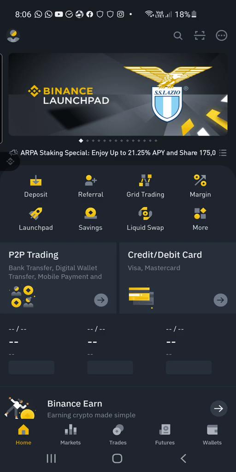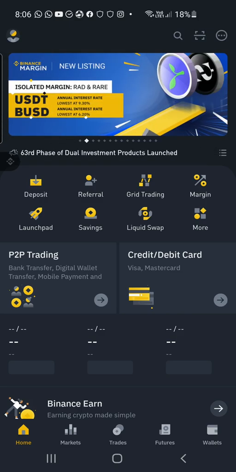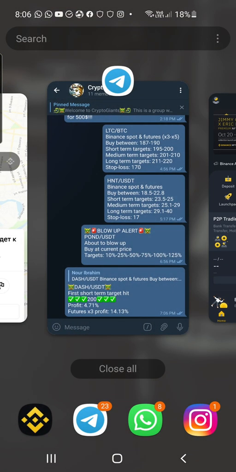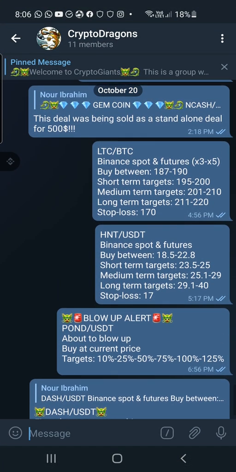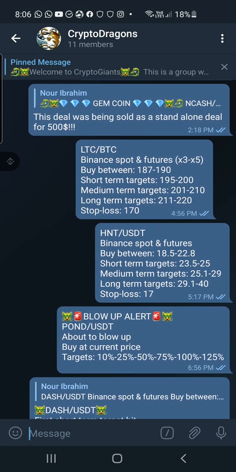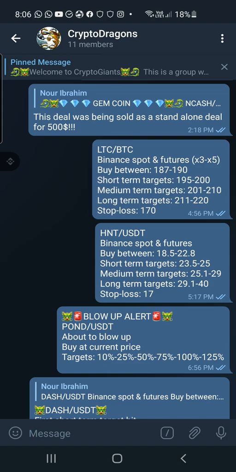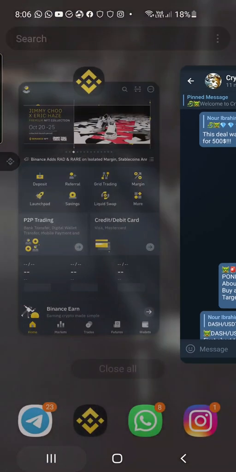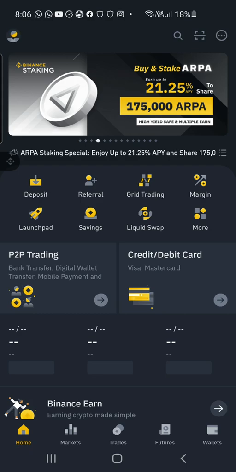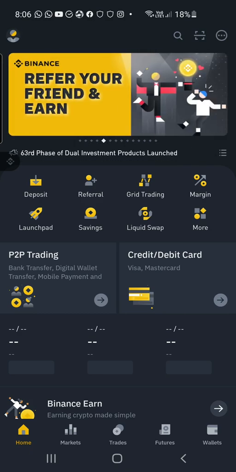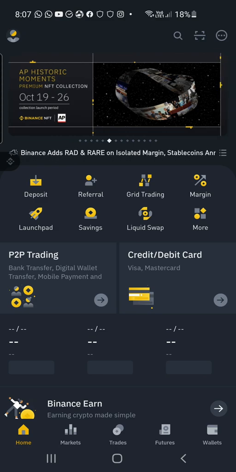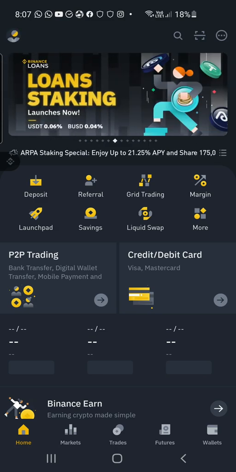Now we're going to talk about the difference between spot and future trading. So as you can see here, for example, I say Binance spot and futures. So you can decide. The main difference between spot and future trading is the risk and the reward of your trades.